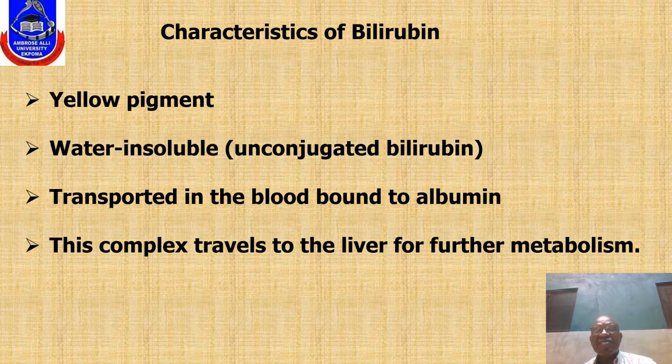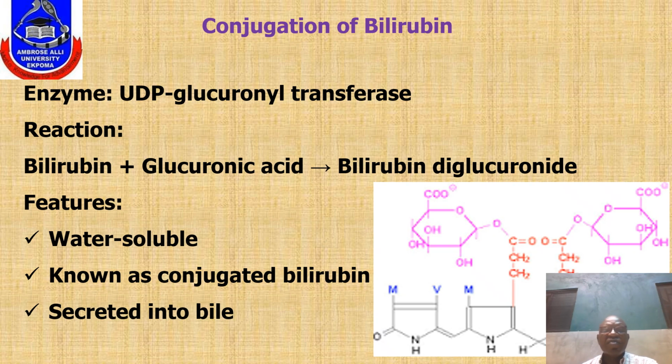Further metabolism in this case means a reaction, or simply put, phase 2 conjugation reaction, whereby the liver metabolizes this molecule and makes it more water soluble for easy excretion from the body. Now, what does the conjugation reaction look like? The conjugation reaction is catalyzed by UDP glucuronyl transferase.